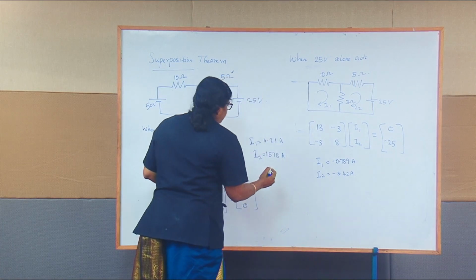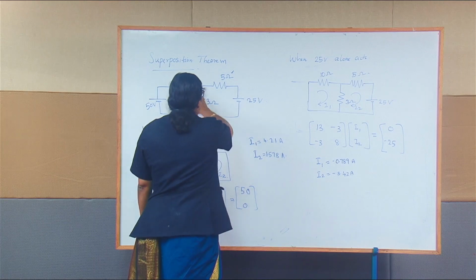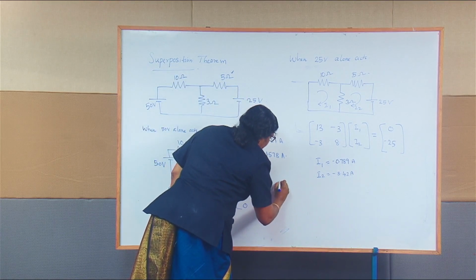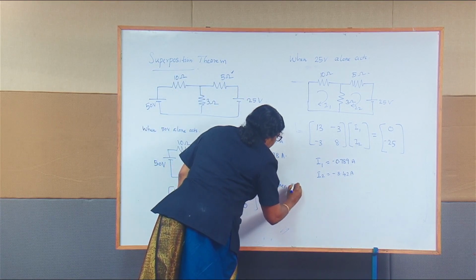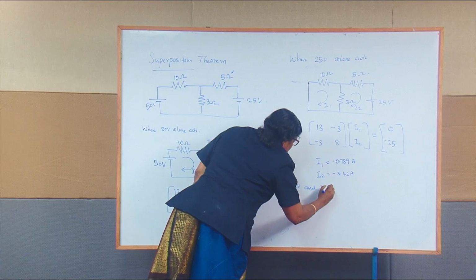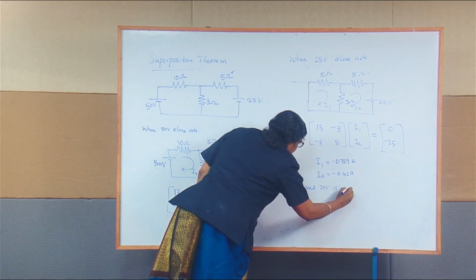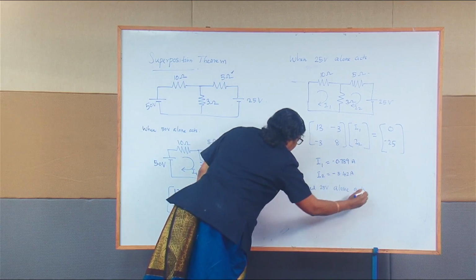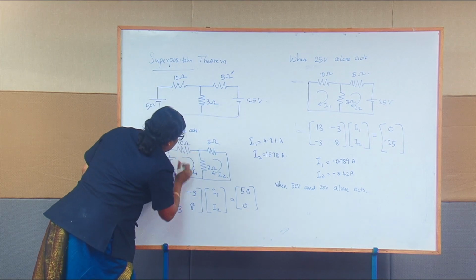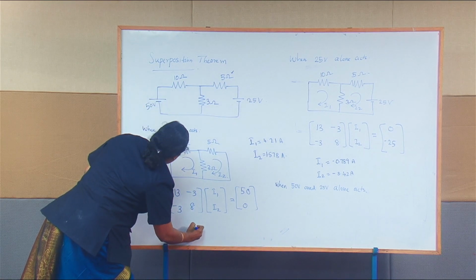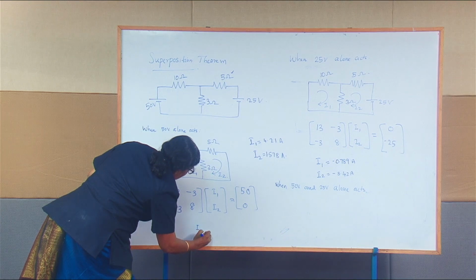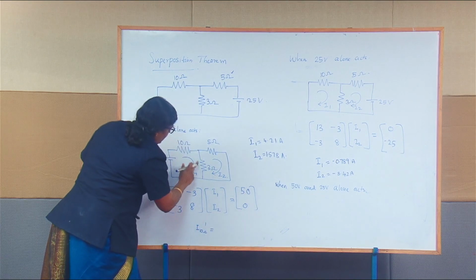Now the third condition, I'll just find out the current through 10 ohm alone. So the third case is when 50 volts and 25 volts act together. Let's take the current through 10 ohm because of the voltage source 50 volts as I10 ohm dash, that is nothing but I1.